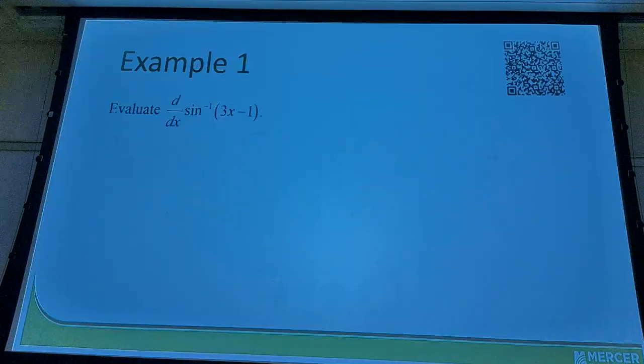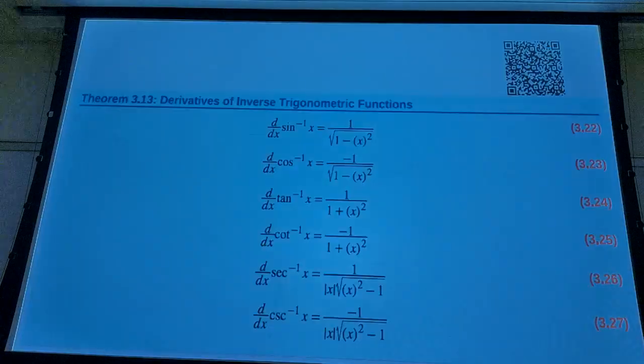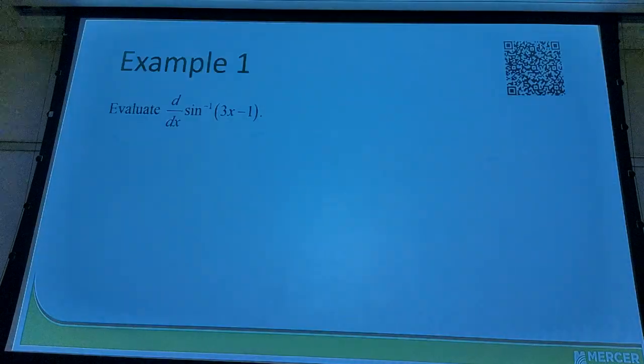The inverse trig functions. Oh, they don't give me the general rules. That's sad. That's the inverse sine of u. What are we taking the inverse sine of? 3x minus 1.